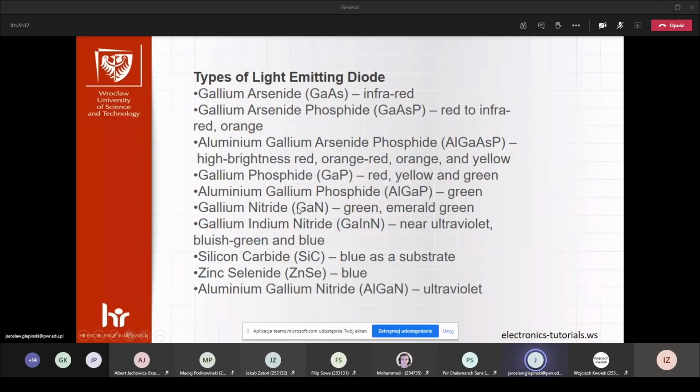As I said, we've got different substances which can emit different colors, different wavelengths, starting from infrared and stopping with ultraviolet. So we've got a lot of substances that are utilized to add to our P and N sandwich, and they can light different wavelengths.